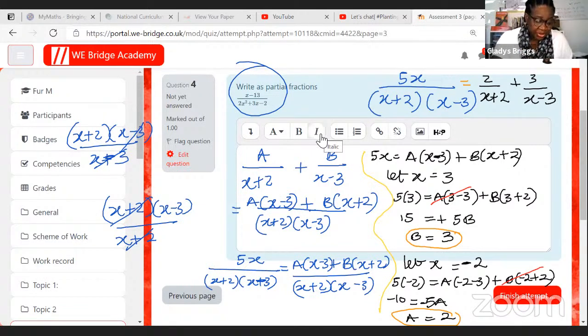Let me factor in that question. Topic 1, I'm making notes: partial fractions, 5x over (x plus 2)(x minus 3).